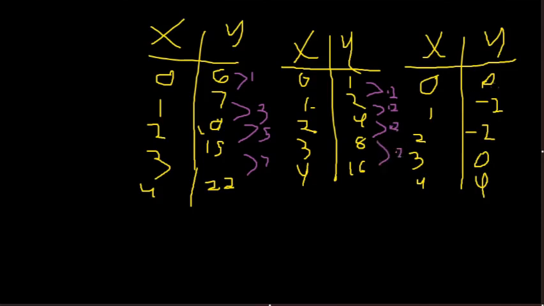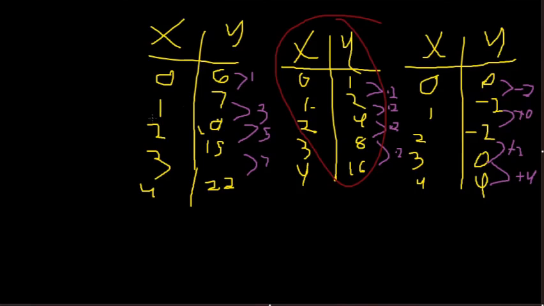And over here we go -2, +0, +2, +4. I actually have no idea what this is. Yeah, I think the answer is the second option. So if you got that right, that's good.